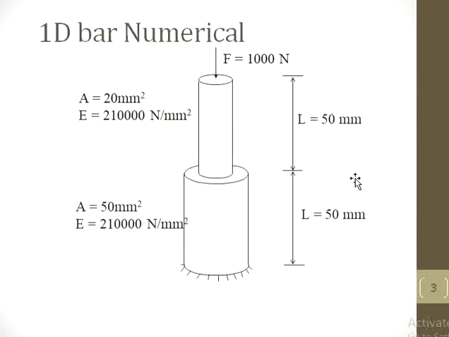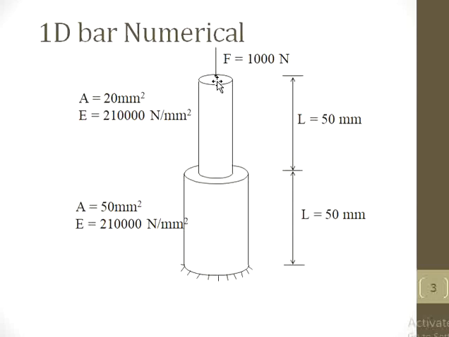Then the condition we have is that the bottom end, that is node 1, is fixed and node 3 has an axial load of 1000 Newton. Okay, means a 1000 N compressive load is applied on node 3.